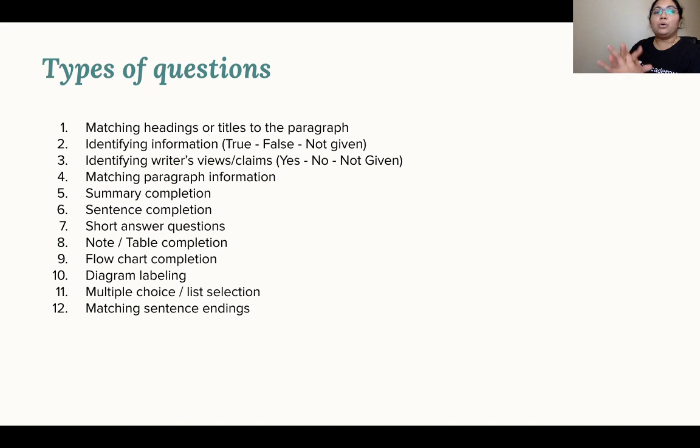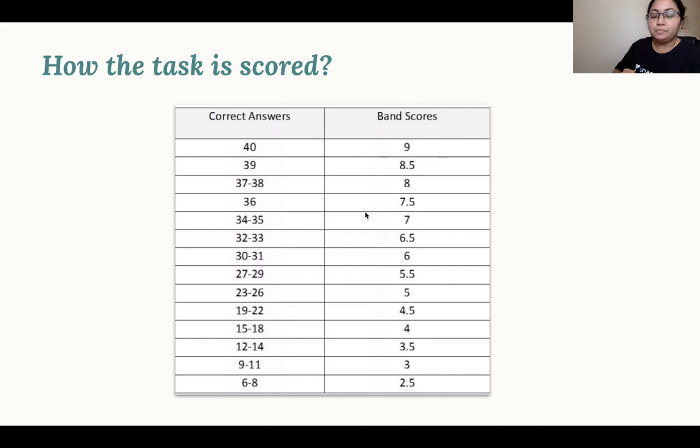In the reading section, you will have 12 different types of questions that you might encounter, out of which one or two are exclusive to your academic reading section, but I thought it would be worth the time to understand the different types of questions. The very first is matching headings or titles to the paragraph, then identifying information which is true, false, not given, identifying writer's views or claims, which is yes, no, not given, and this is the academic module.